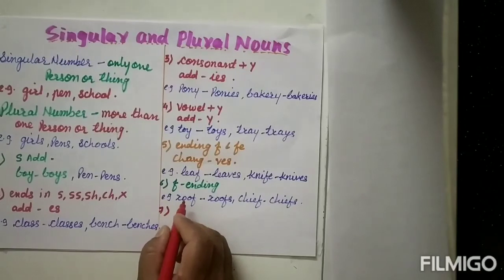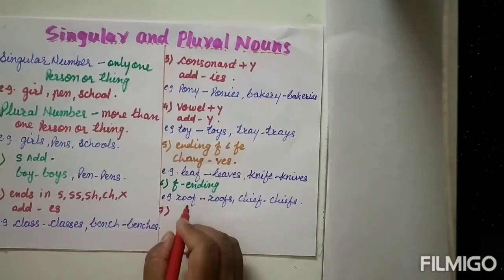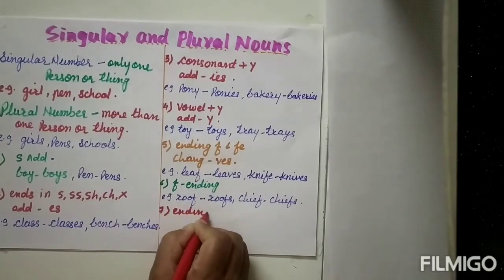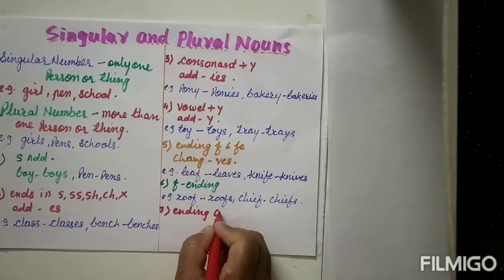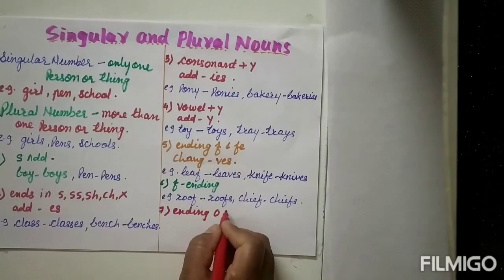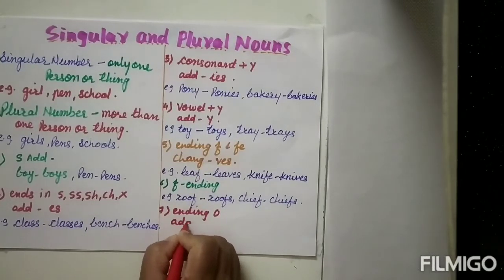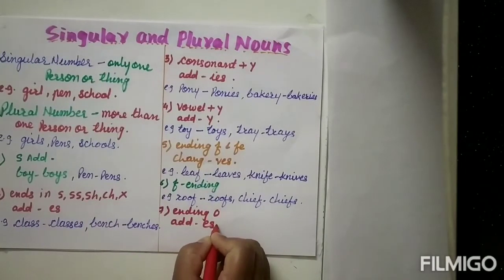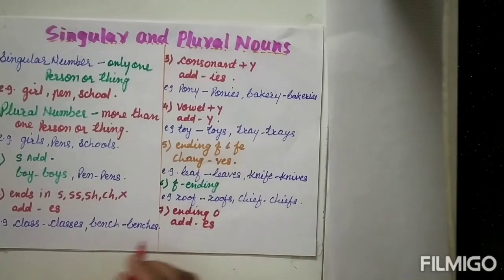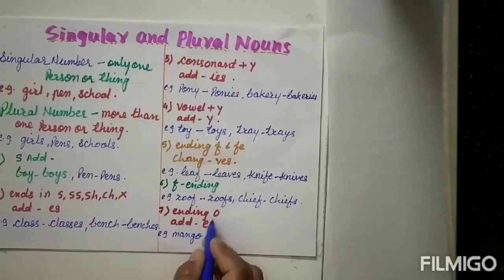Now next we are going to study the 7th rule: most nouns ending in O form their plural by adding ES to the singular. For example, mango ending with O. Sometimes nouns are ending with O, we are going to add just ES, means mangoes.